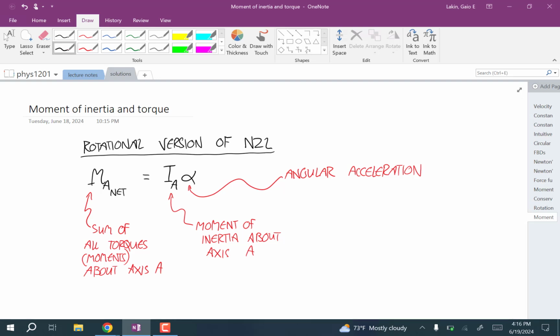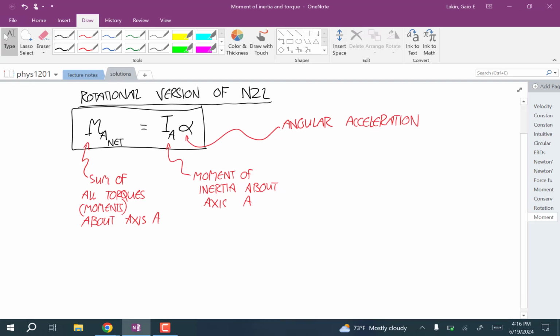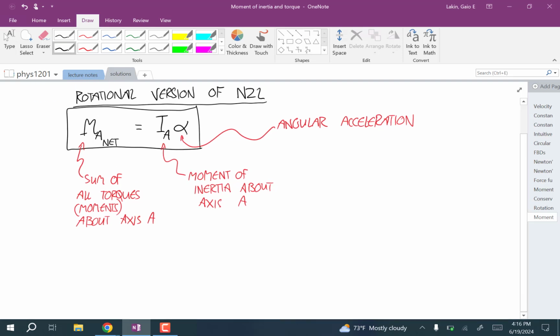And for us, I'm just going to box this. This is going to be an important equation for us. That A is the fixed point or the hinge or the pin, whatever you want to call it.